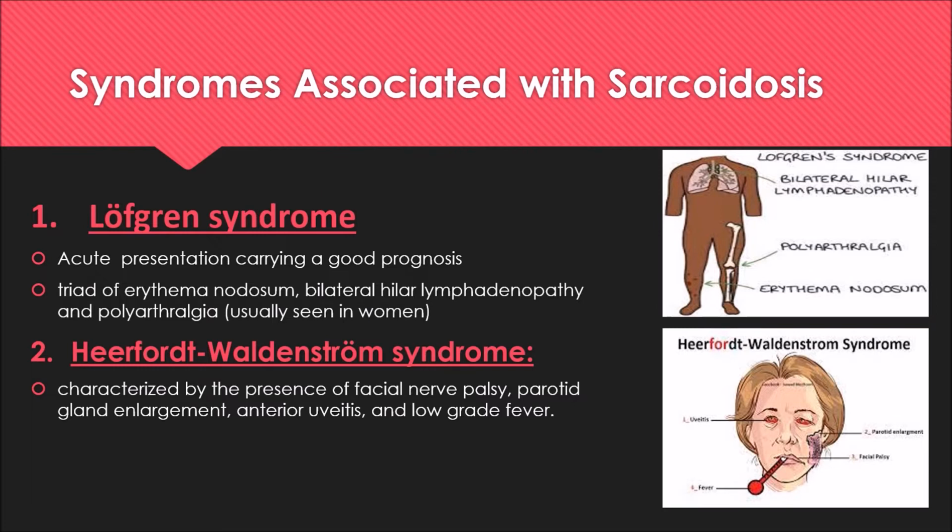It is an acute presentation carrying a good prognosis and characterized by a triad of erythema nodosum, as you can see illustrated in the picture here, which usually presents on the shins, bilateral hilar lymphadenopathy, usually seen in chest X-ray, and polyarthralgia. The syndrome is most commonly seen in women.